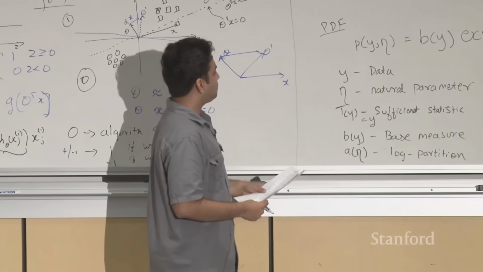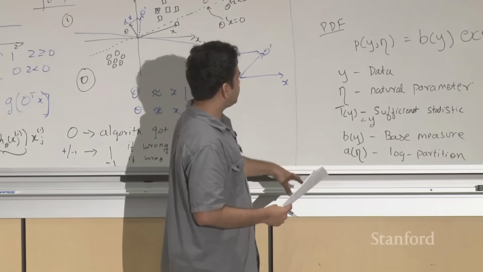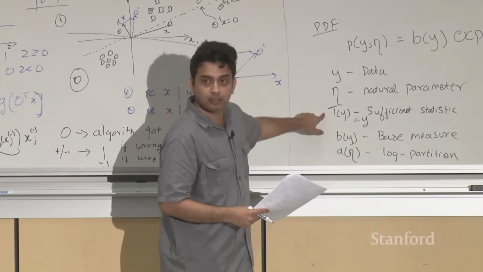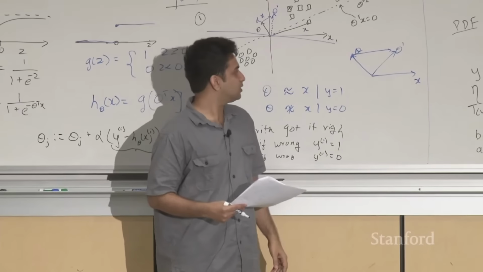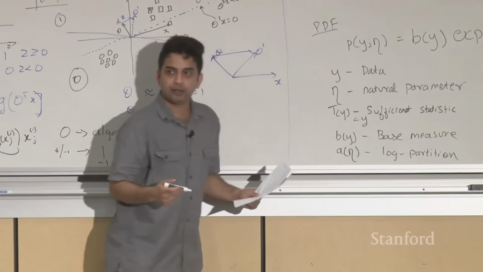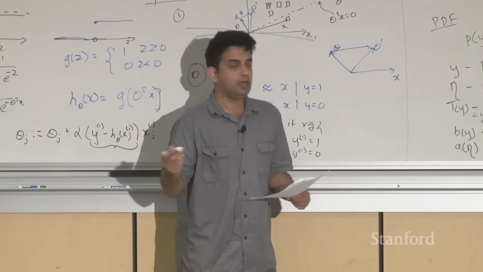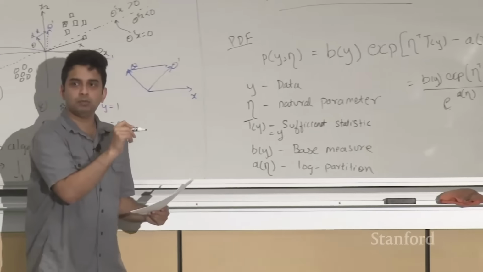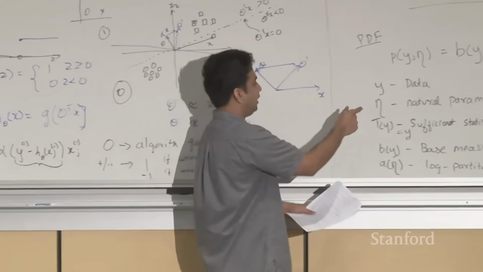Now, you can plug in any definition of B, A, and T. So y is your y, and for most of our examples, it's going to be a scalar. Eta can be a vector, but we will also be focusing on scalars, except maybe in softmax.